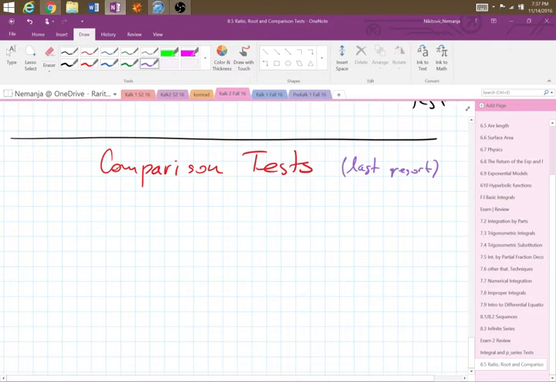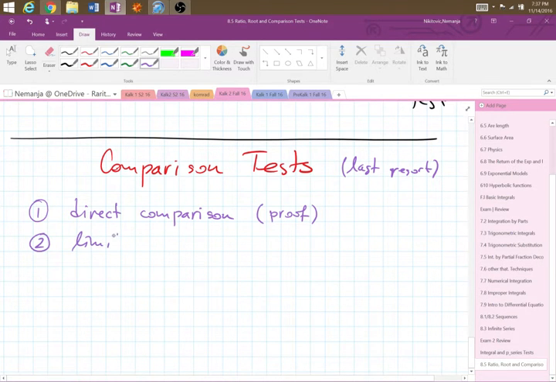there are two comparison tests that we're considering: direct comparison, which involves that proof, and limit comparison, which involves limit.